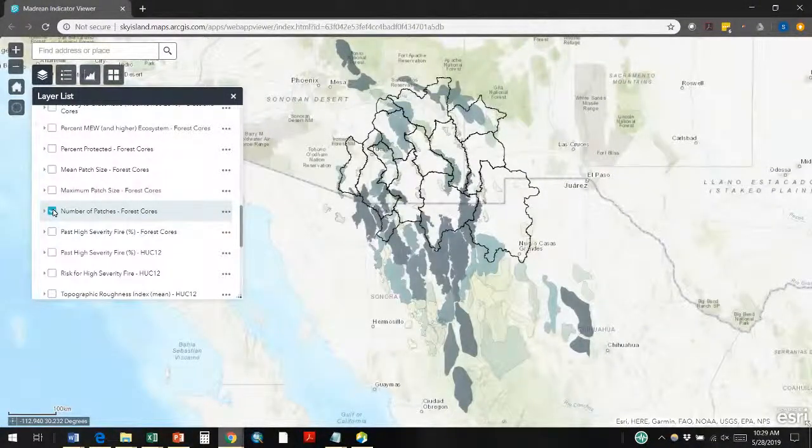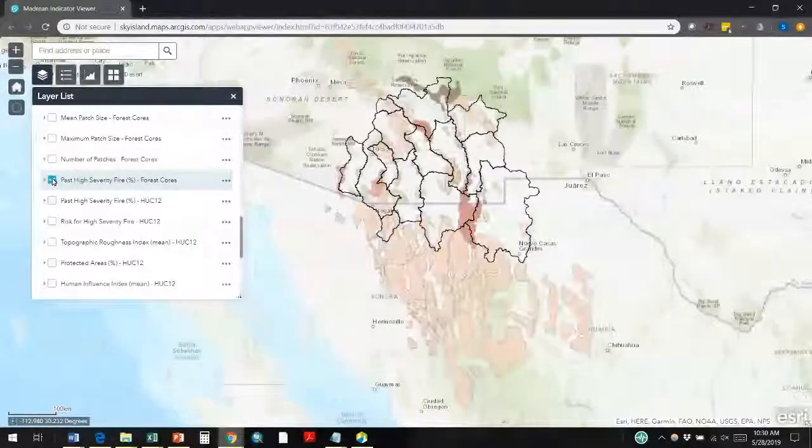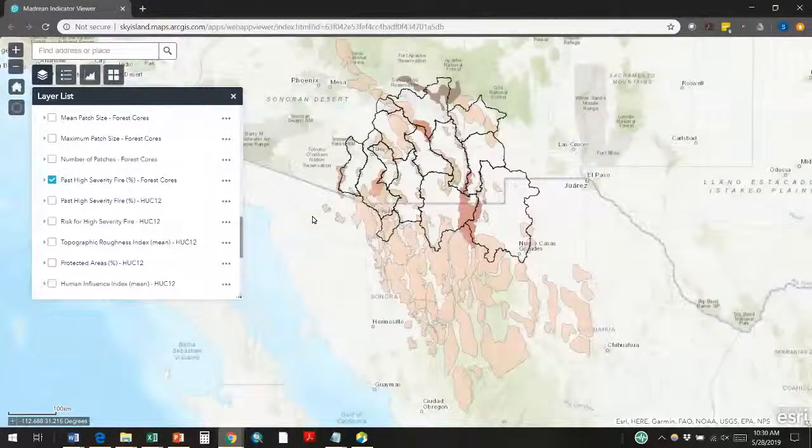And then we have past high severity fire. We found out there is some data from Mexico here that we need to add in, although it still might not cover all of our mountain cores or our forest cores. But this is looking at areas with moderate and high burn severity, I believe.